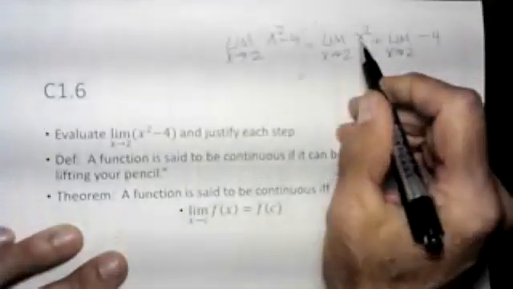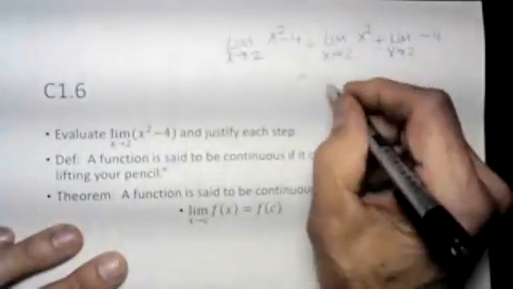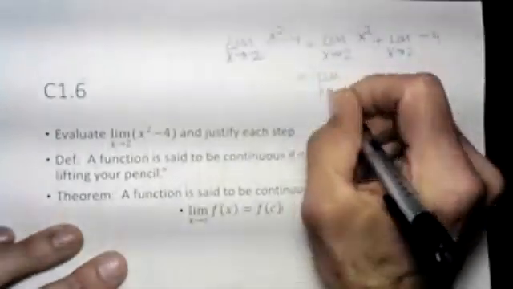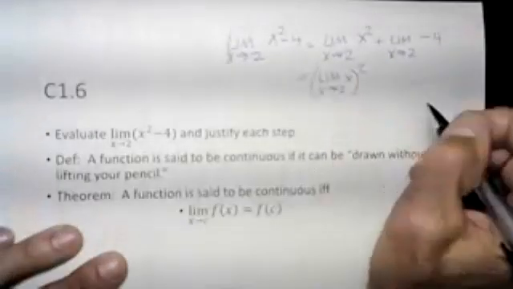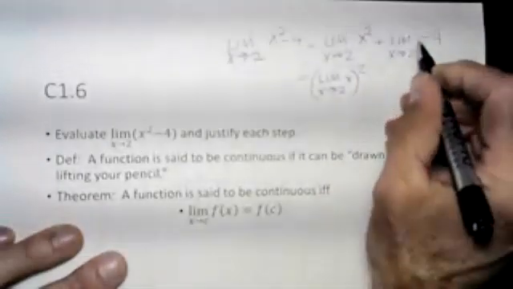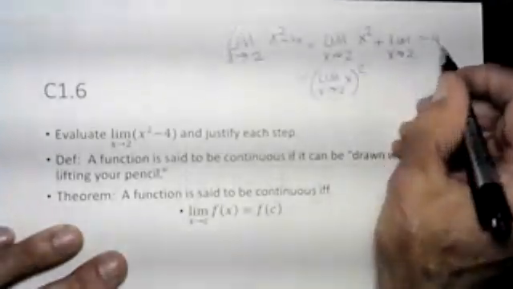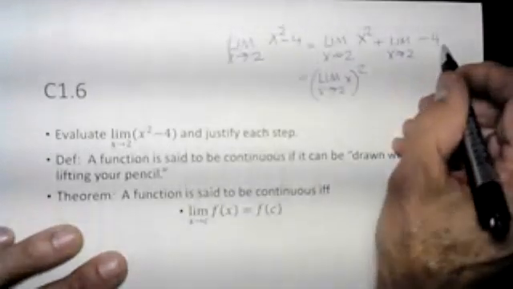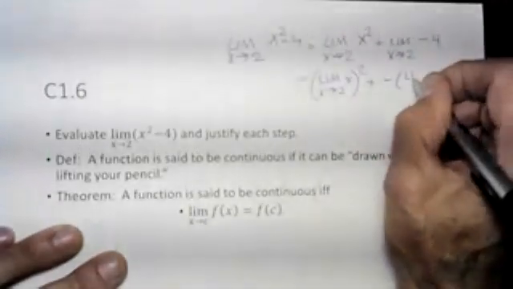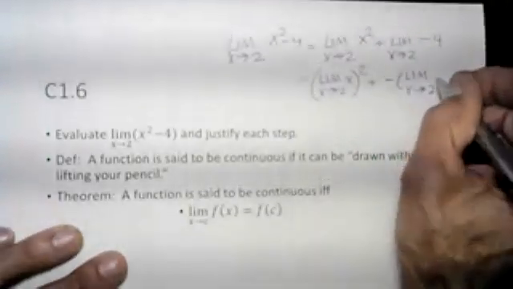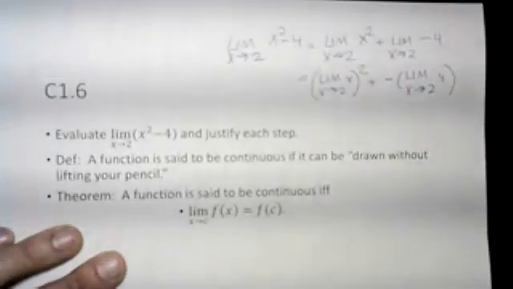We talked about that is the power of the limit. So this would be the limit as x goes to 2 of x squared. And this is the limit of a constant times a function, is it not? Isn't it a negative times a 4? So this would be plus negative the limit as x goes to 2 of 4.